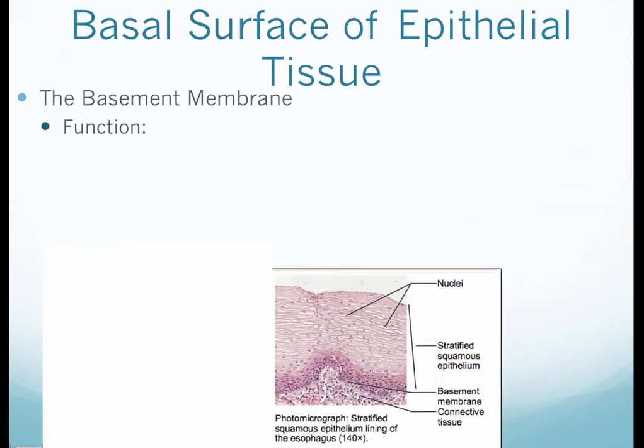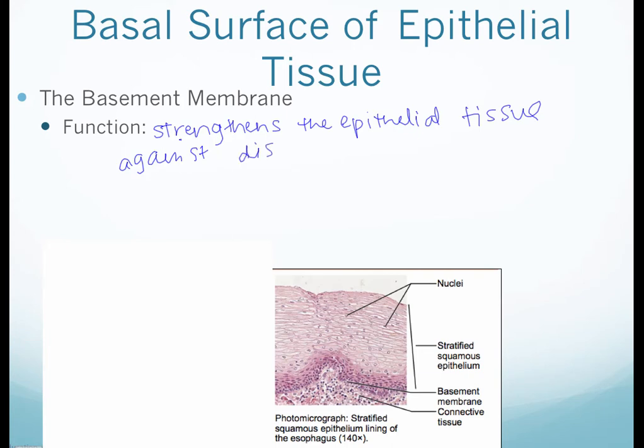All right. The next area that we have is the basement surface of the epithelia. The function of this is that it strengthens the epithelial tissue against distortion.